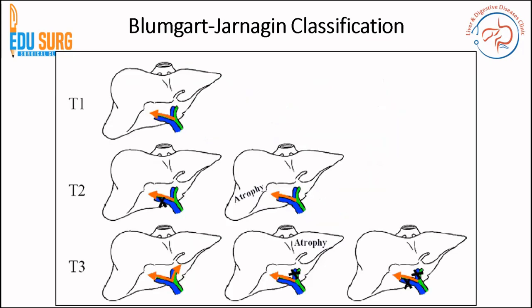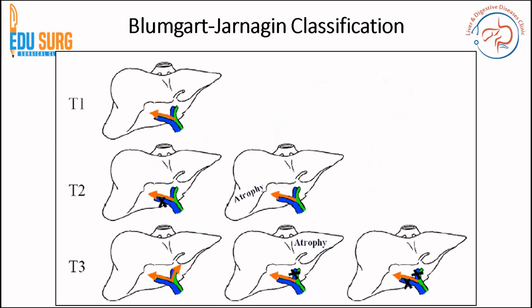And this is where the Blumgart-Jarnagin classification scores very highly, in that it considers not only the bile duct involvement, but also the vascular involvement, whether it is not there, whether it is on the ipsilateral side, whether it is on the contralateral side, and also the hepatic lobar atrophy.